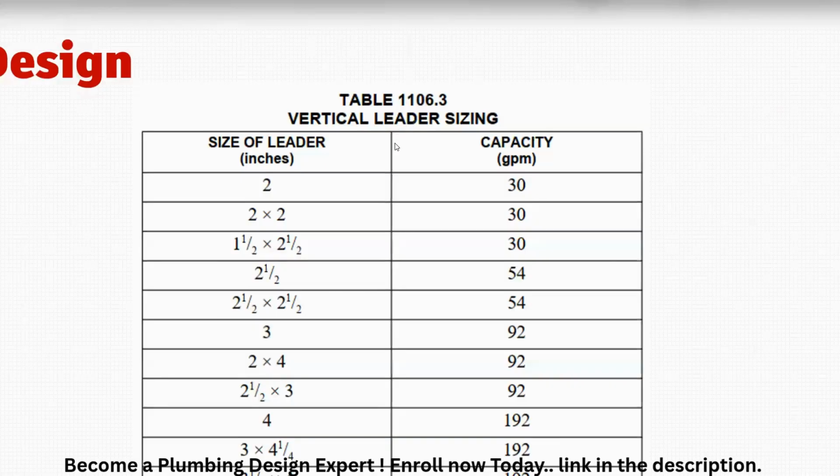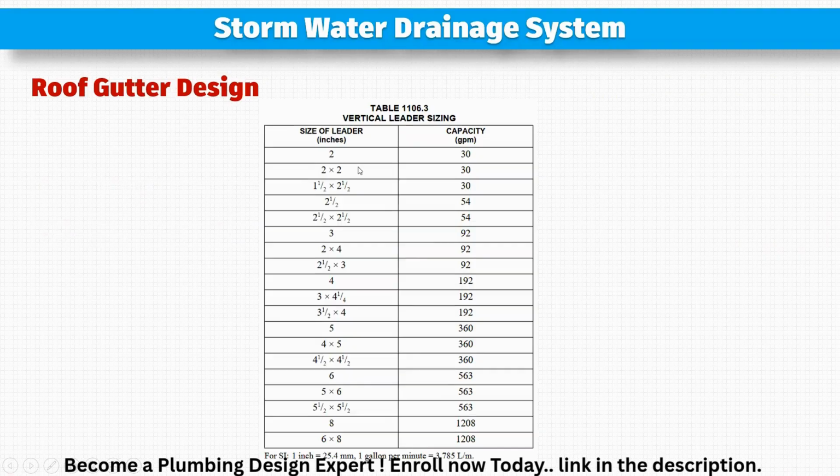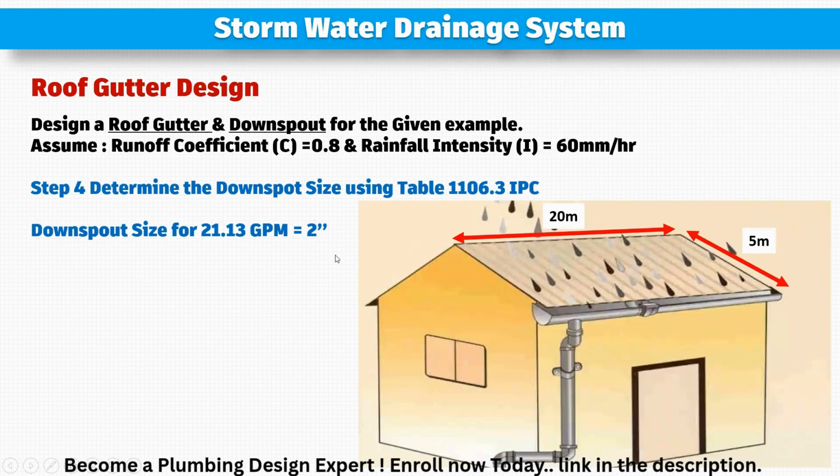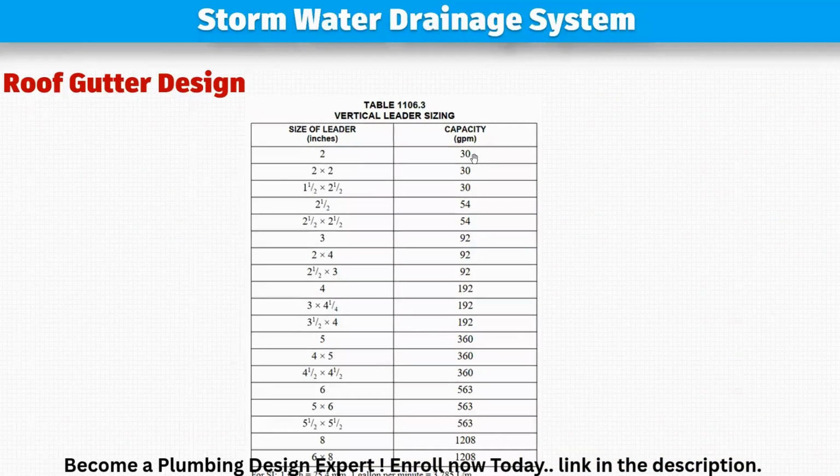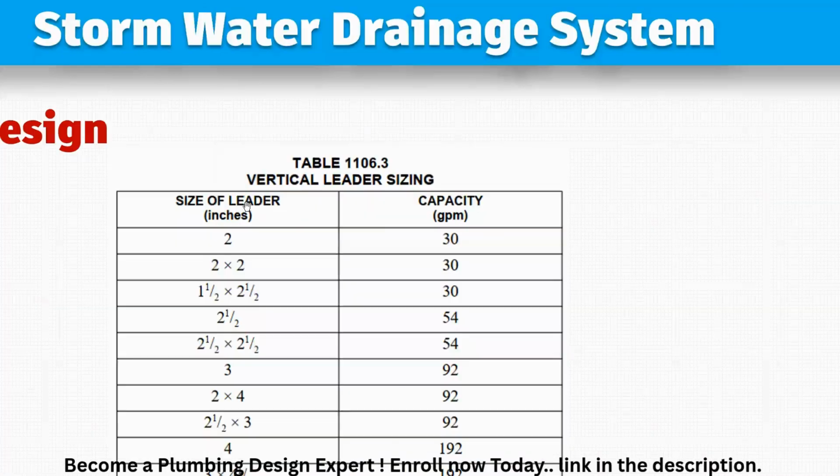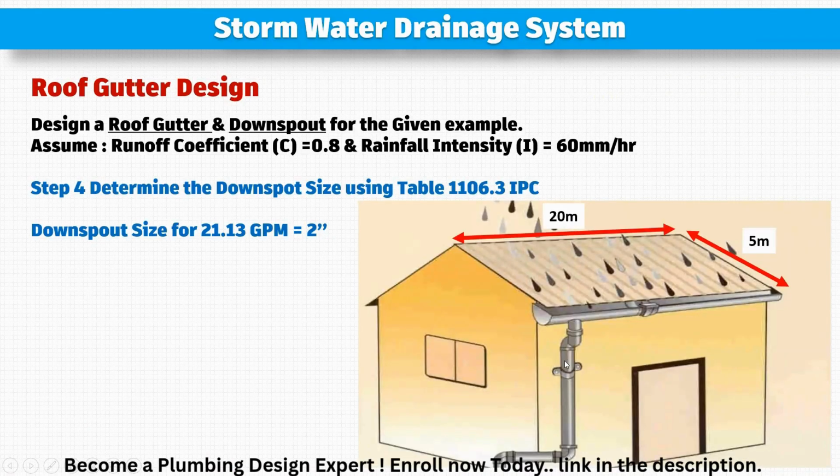This downspout we also call vertical leaders. Okay, so for 21.3 we will go with 2 inches. Okay, that will be the diameter of this vertical leader.